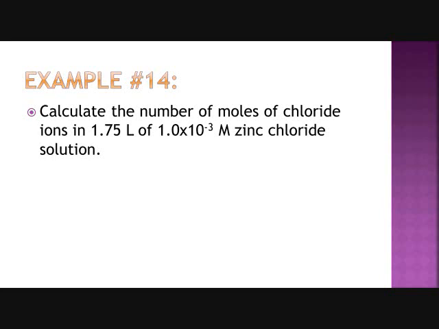So what should we do first? What do we have? We're given the volume, right? So we know from our molarity equals moles over liters, we know the liters. And then the 1.0 times 10 negative 3 M is the molarity.